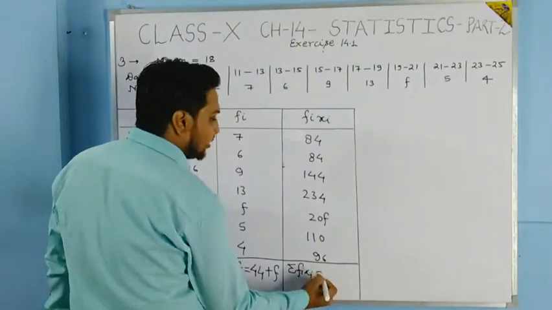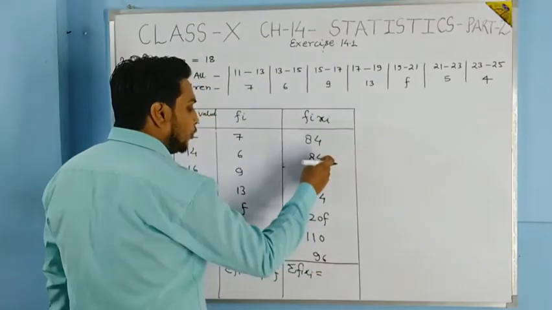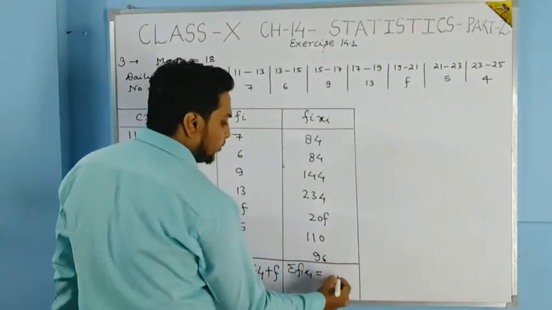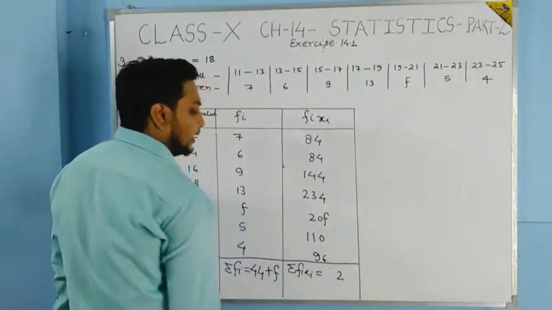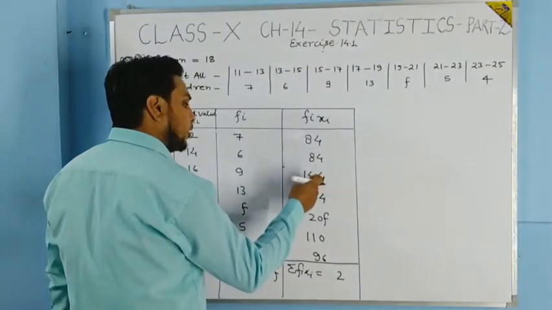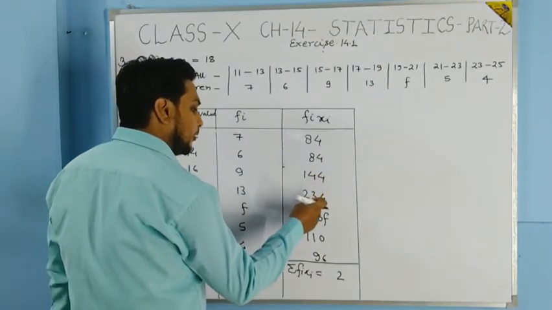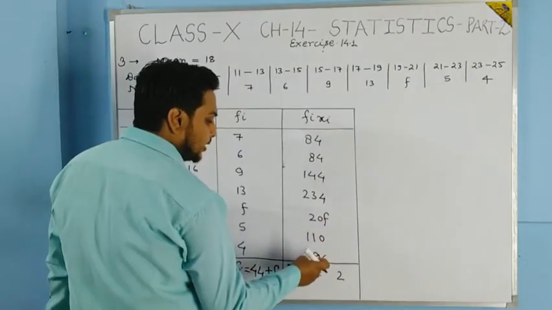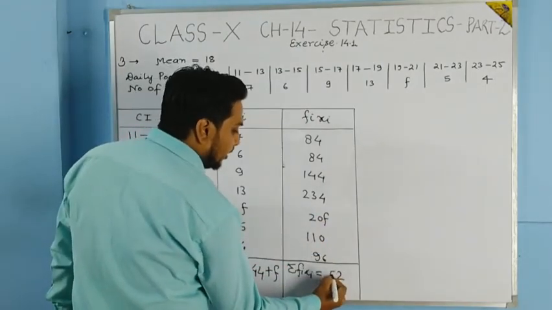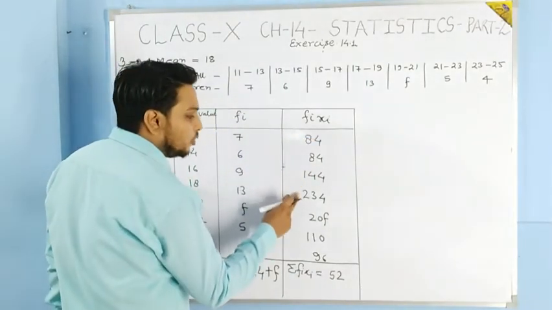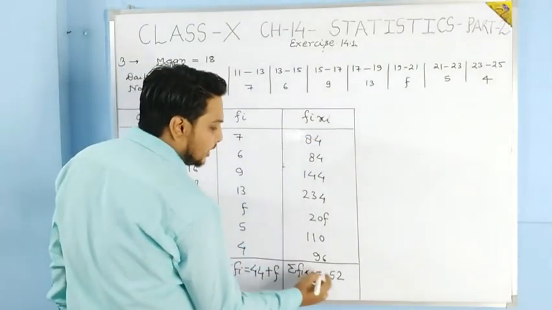Now here fixi: 4, 4 is 8, 8 and 4 is 12, 12 and 4 is 16, 16 and 6 is 22, carry 2, 2 and 8 is 10, 10 and 8 is 18, 18 and 4 is 22, 22 and 3 is 25, 25 and 1 is 26, 26 and 9 is 35, carry 3, 3 and 1 is 4, 4 and 2 is 6, 6 and 1 is 7.